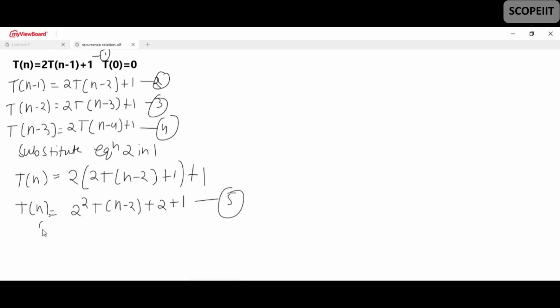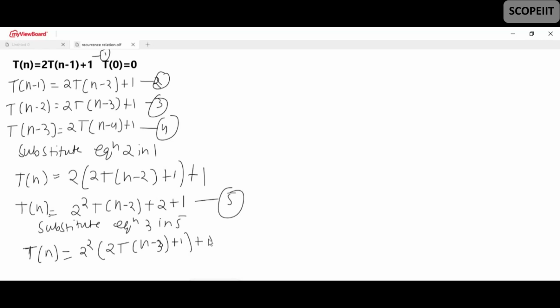Next we will substitute equation 3 in 5. What is equation 3? T(n-2). So we'll replace T(n-2) with this equation in equation 5. So T(n) = 2^2 as it is, now in the bracket instead of T(n-2), it will be 2T(n-3) + 1, bracket close.